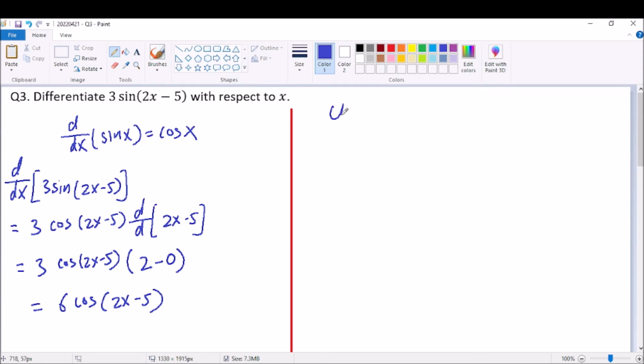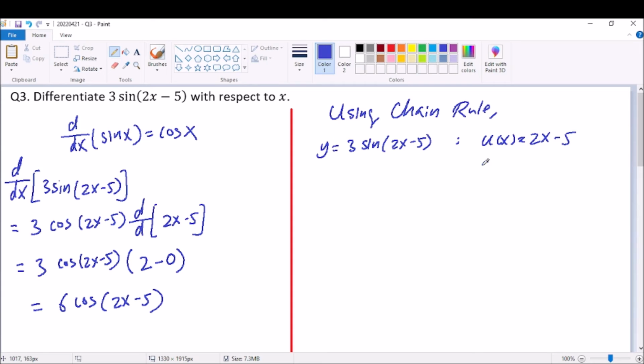Now using chain rule. We let y equal 3 sine (2x minus 5), and we let u(x) equal 2x minus 5.